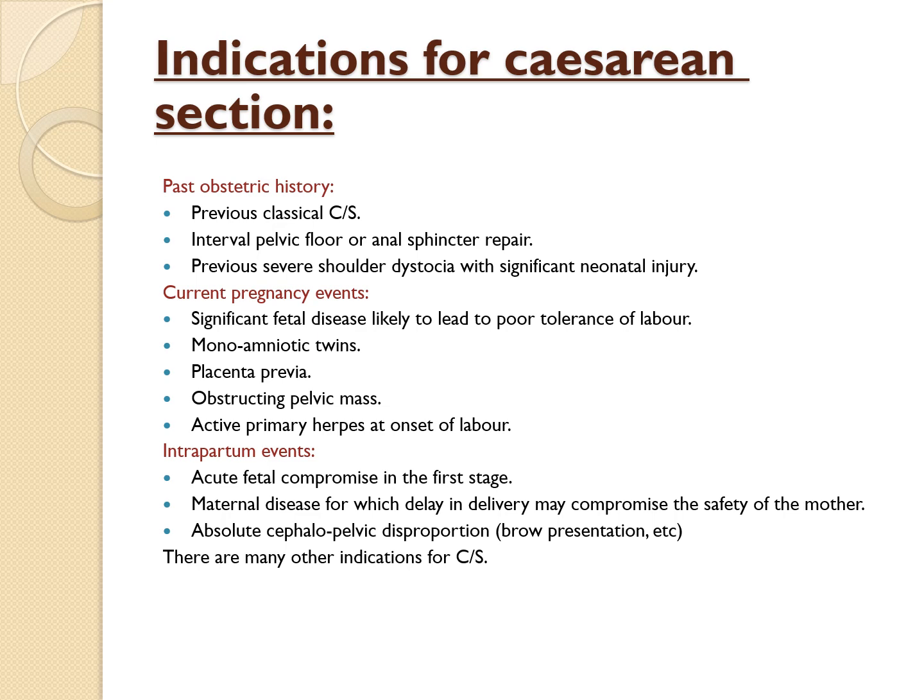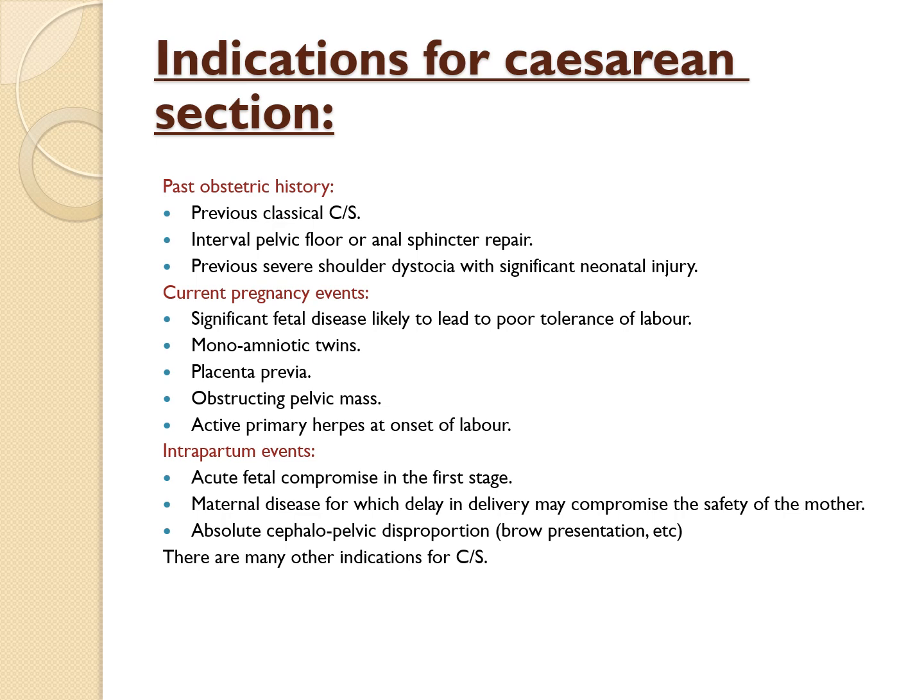Regarding past obstetrical history, when we have a previous classical cesarean section or interval pelvic floor or anal sphincter repair or previous severe shoulder dystocia with significant neonatal injury. Regarding current pregnancy events, significant fetal disease likely to lead to poor tolerance of labor, monoamniotic twins, placenta previa, obstructive pelvic mass, active primary herpes at onset of labor.